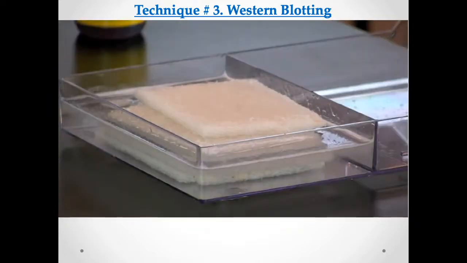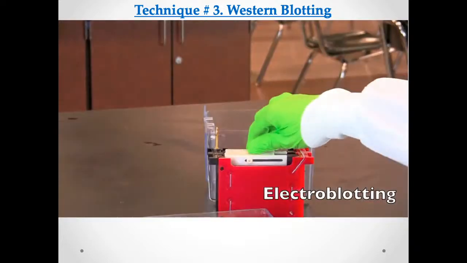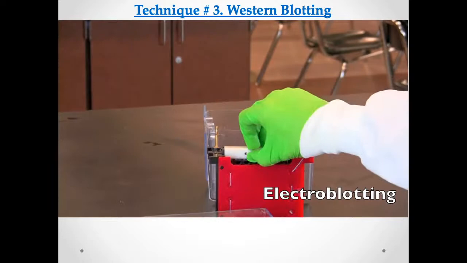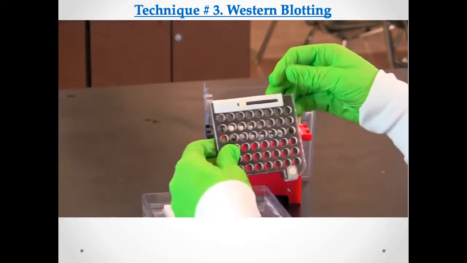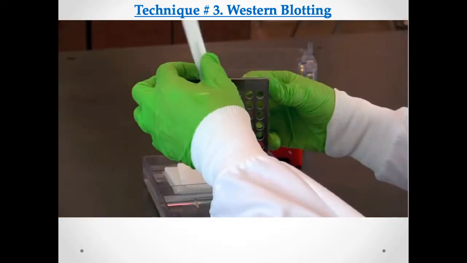Pre-soak fiber pads in blotting buffer so that they are thoroughly soaked. To make a blotting sandwich, obtain a container large enough to fit the gel holder and add enough blotting buffer until the container is filled approximately 1 centimeter deep.